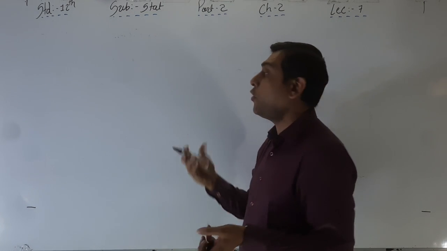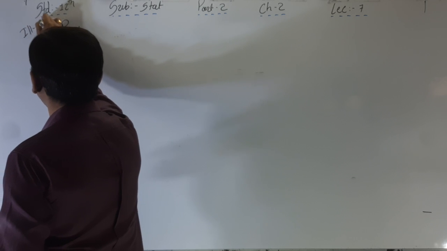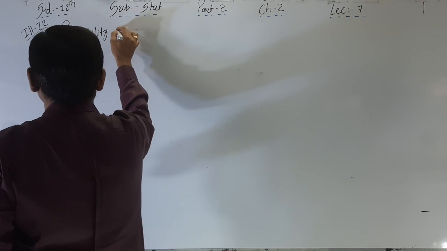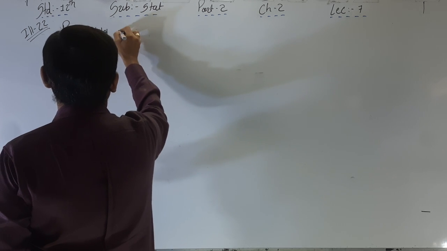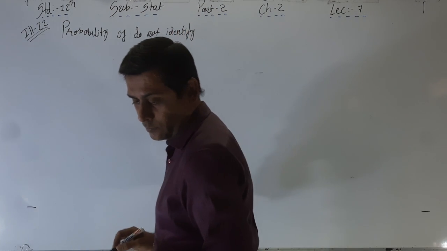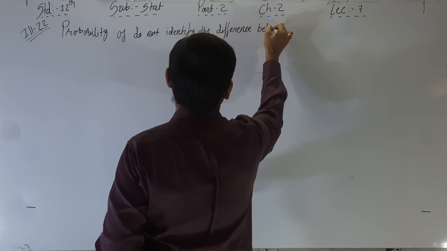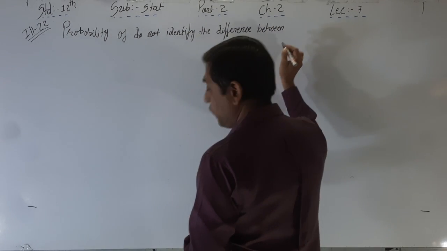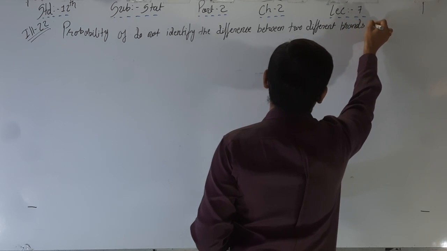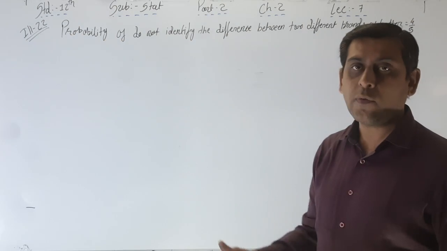First of all, the probability given is the probability of do not identify the difference between the two different brands of butter, and that is 4 by 5. Whether it is the probability of success or failure we will discuss later.